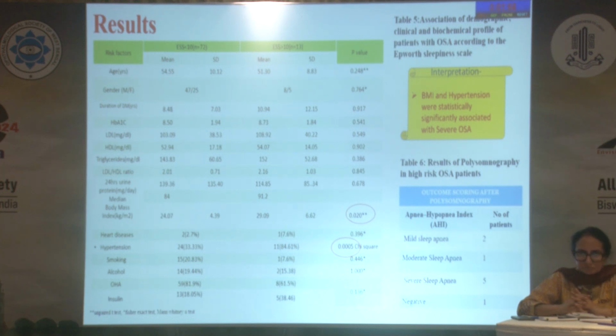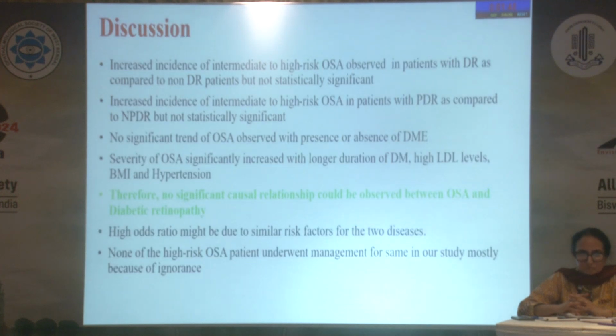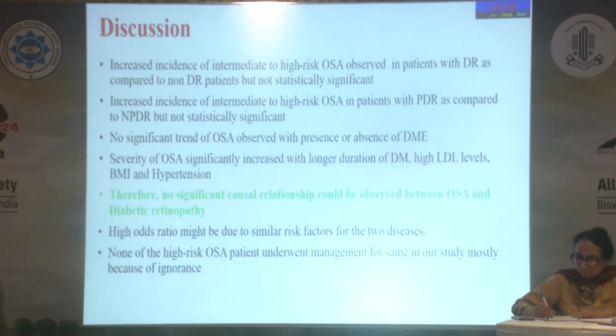Based on the polysomnography results, in our study, 2 had mild sleep apnea, 1 had moderate, 5 had severe sleep apnea, and 1 was negative out of the 9 high-risk patients. Though there was no significant causal relationship between OSA and diabetic retinopathy, progression was definitely associated with it.